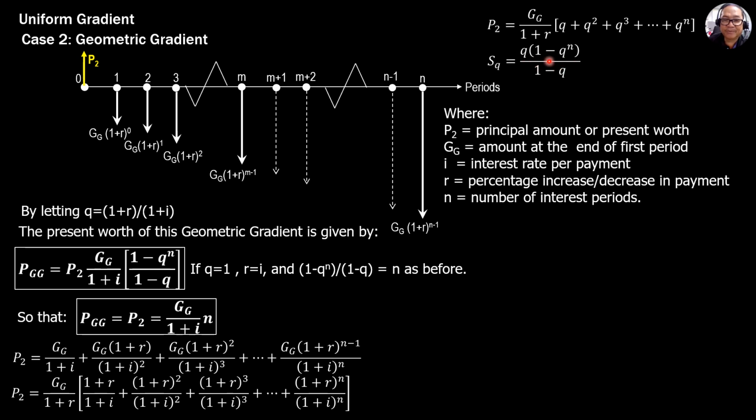So we factor this into 1 minus Q times quantity 1 plus Q squared plus dot dot dot Q to the n minus 1.